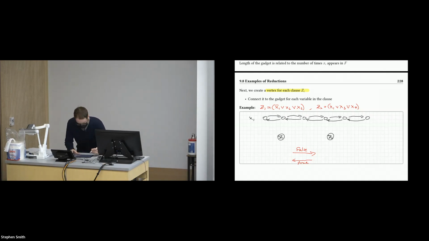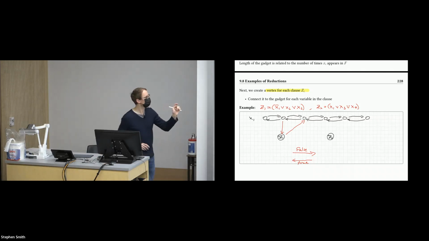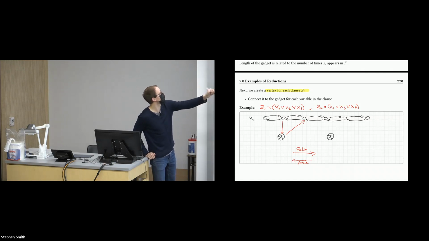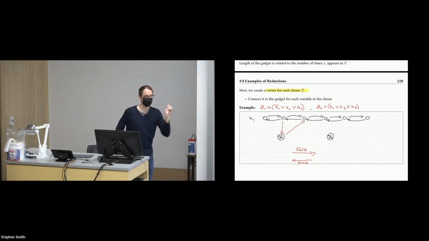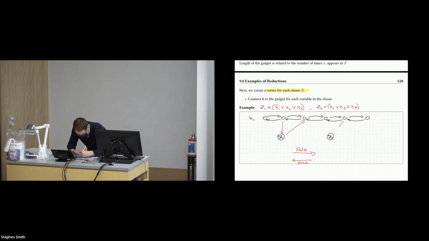So what I'm going to do then is to visit Z1, something like this. I could go down this way and back up to this one. And for Z2, I get to satisfy Z2 if I set X1 to true, which means traversing it from right to left. So it would be like this.